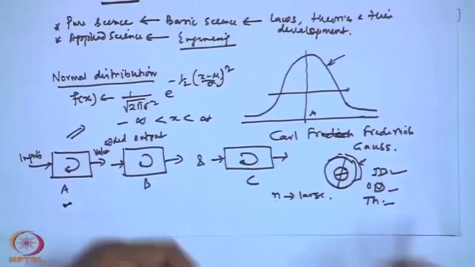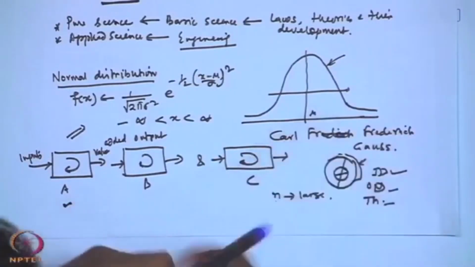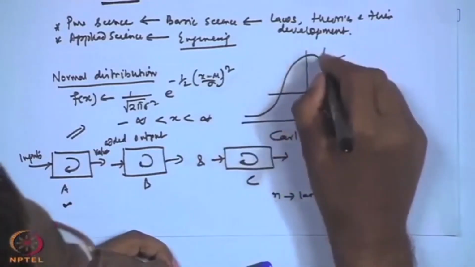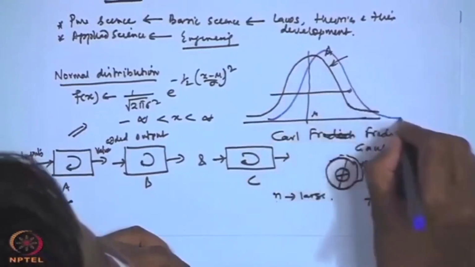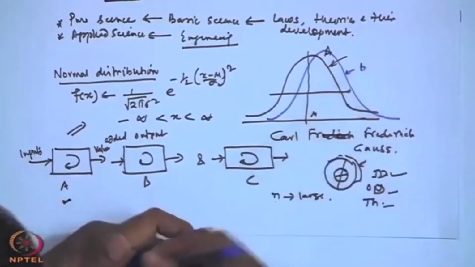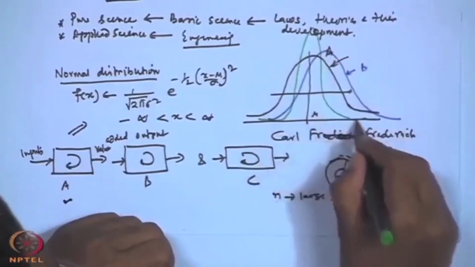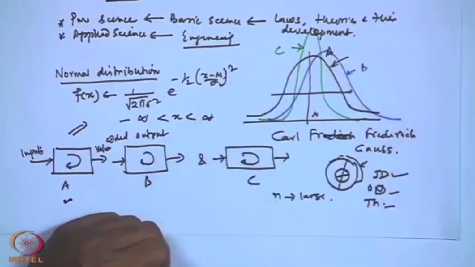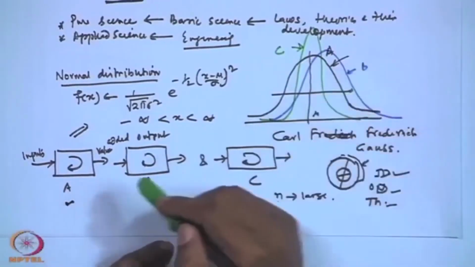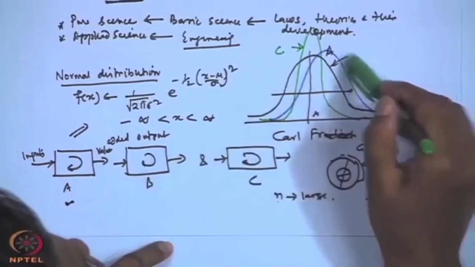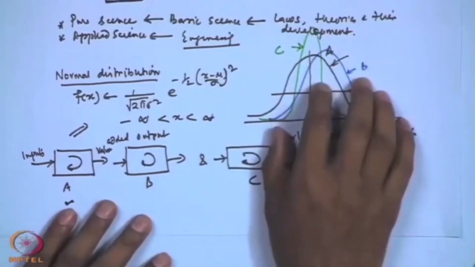Now, to get it further clarified, suppose this one is for production process A, this is for production process B, and the third one is for production process C. Then using these you will be able to compare the performance of A, B and C in terms of mean and standard deviation.